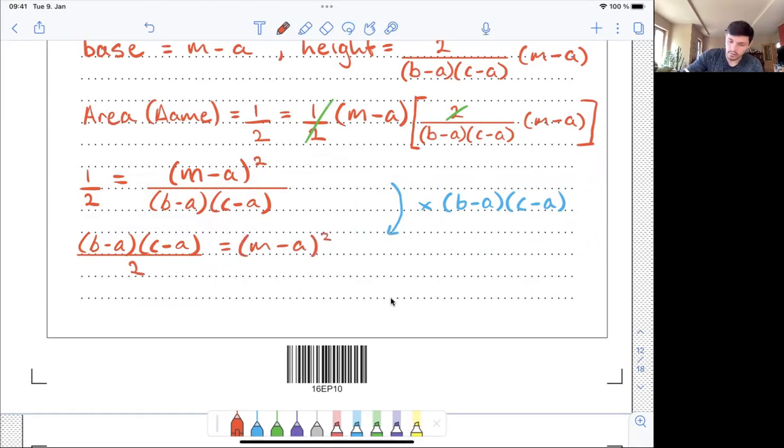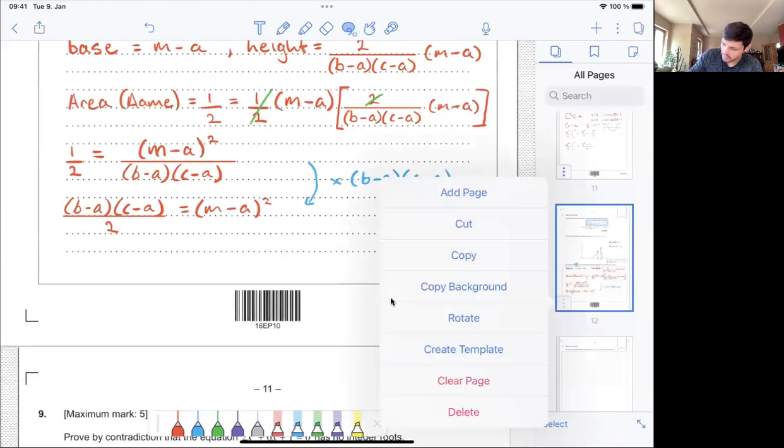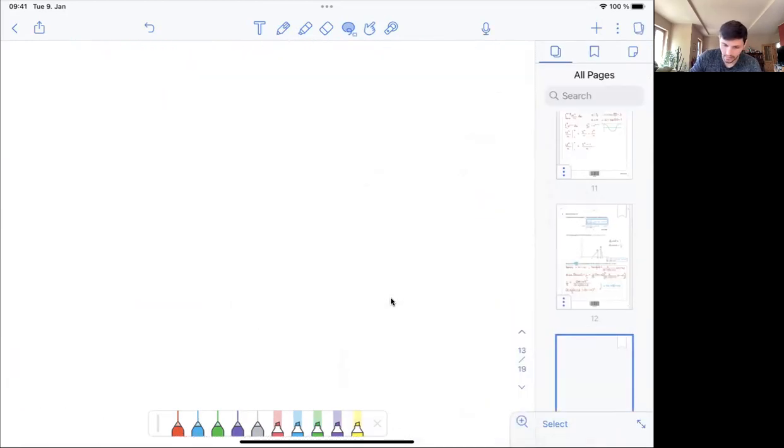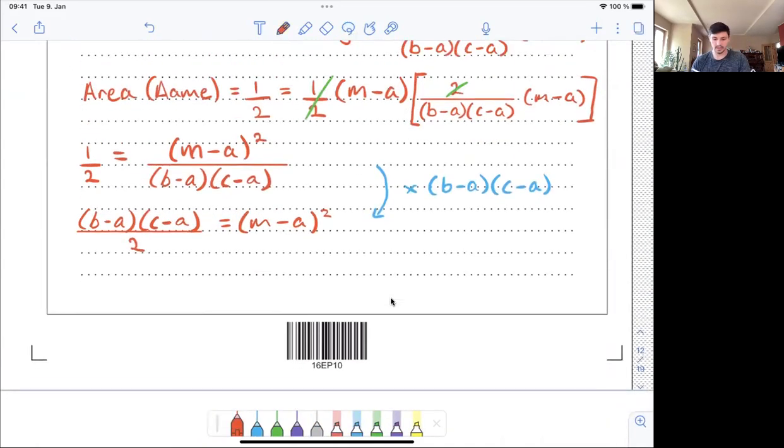As per usual, I'm probably going to run out of room, so I'm just going to add a new page on the bottom here. Okay, cool. And then what we can do here is square root both sides. So we'll put one more step in here. Square root both sides, and so we'll get the square root of B minus A over C minus A, B minus A multiplied by C minus A over 2.